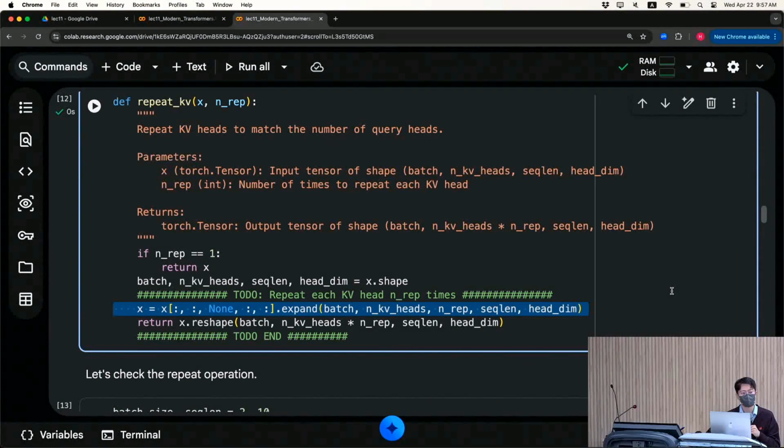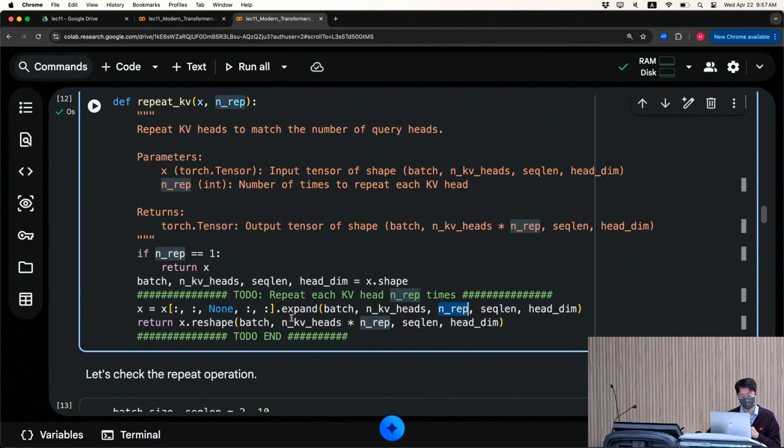Yes? So this is the newly inserted dimension with the number of KV heads here and repetitions.